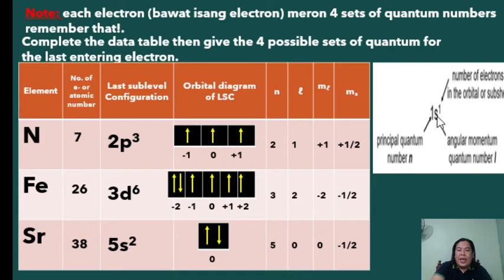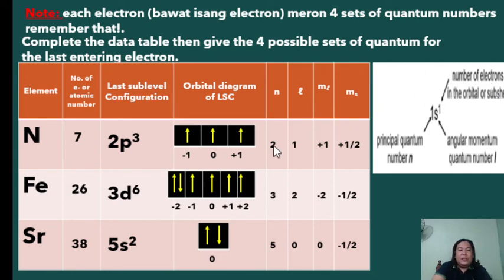Okay, yung s, yung s1, the s is the angular momentum quantum number or the azimuthal quantum number. That is your L. Okay, yung representation ng inyong orbital diagram, and then followed by yung exponent. This is the number of electrons in the orbital or sublevel. It also represents the valence electron of that particular element.